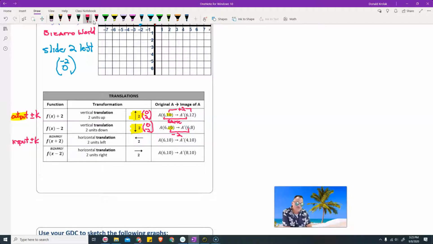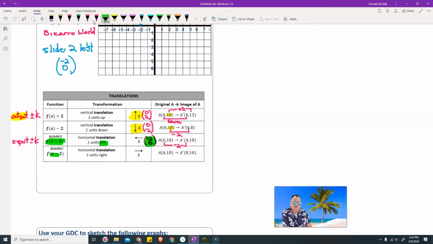So this is really subtracting 2 from the x coordinates. So I'd write negative 2. And if you look at this, I took 6 and I subtracted 2 to get 4, and the y coordinates stayed the same. So this is going to slide it left.